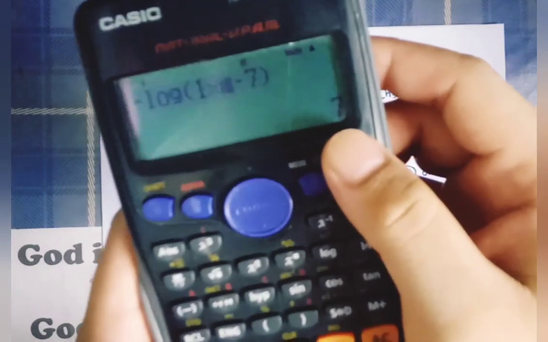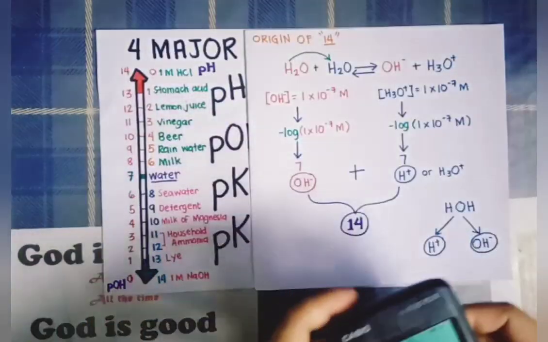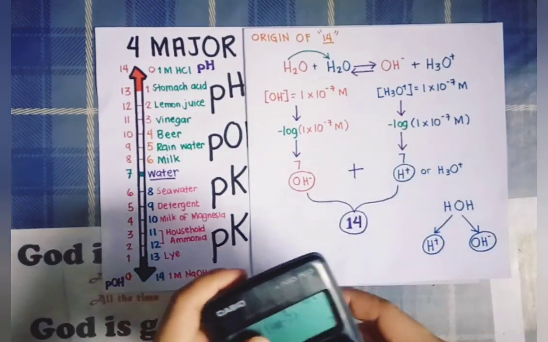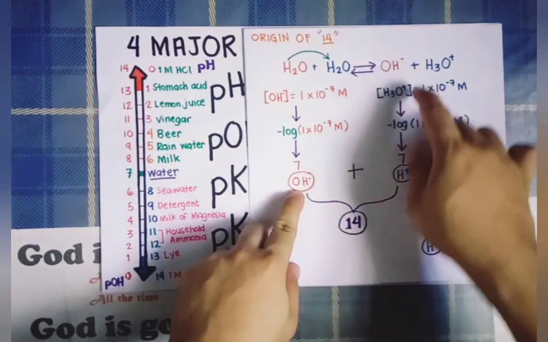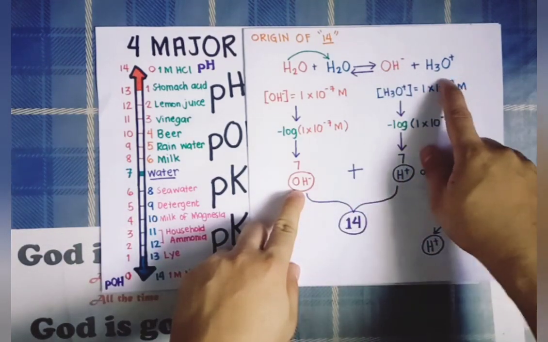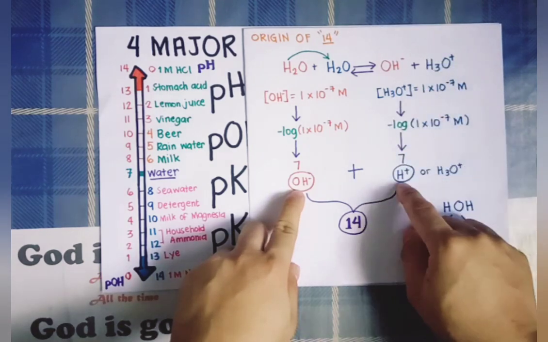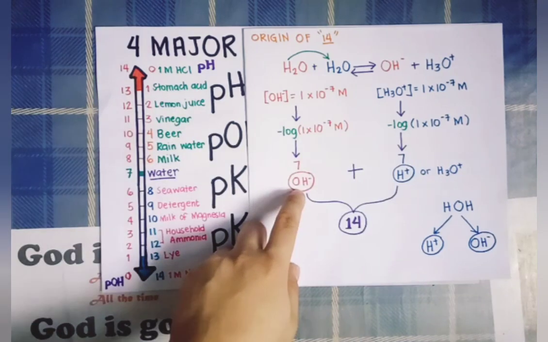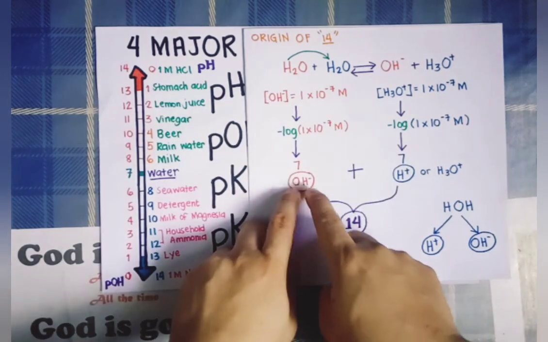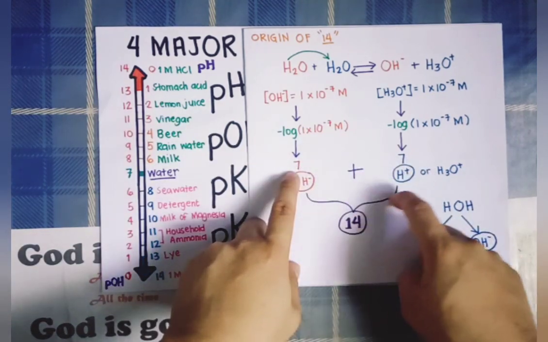Okay, so the answer is, there, 7. Okay, so we have here 7, we have here 7. That's actually the OH concentration in water and the H positive or the hydronium ion concentration in water. Now, take note, H positive or H3O, they are the same. Okay? So, if you're going to add here 7 and 7, then we could have here 14.